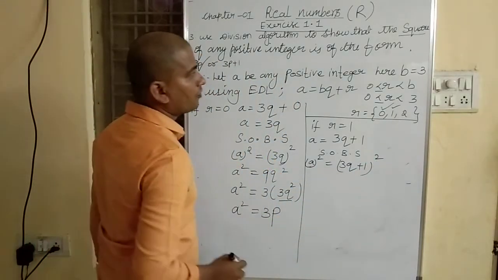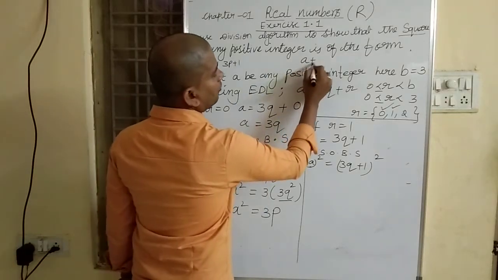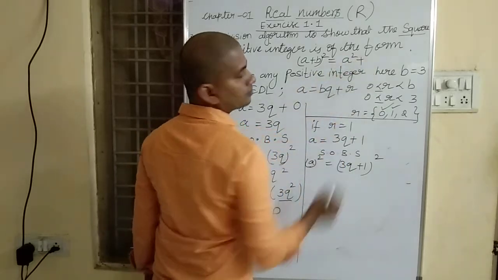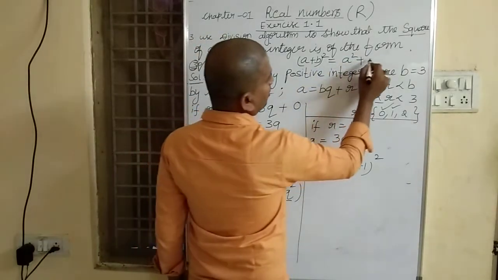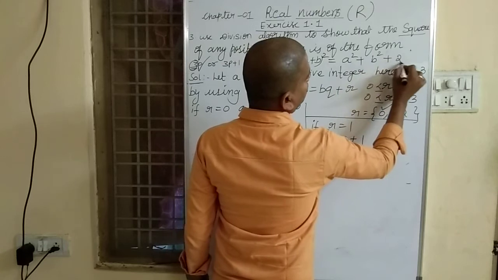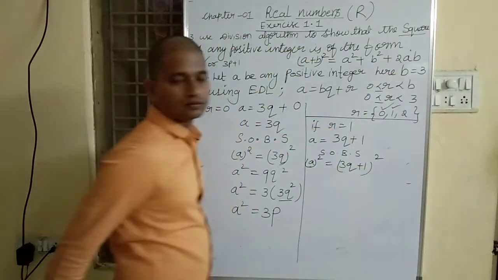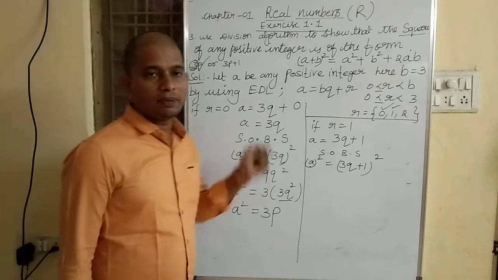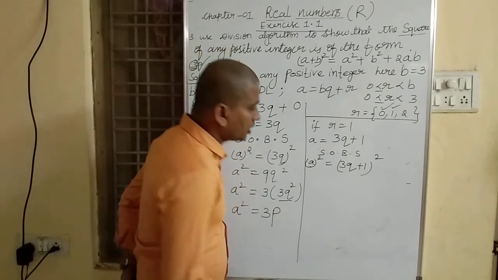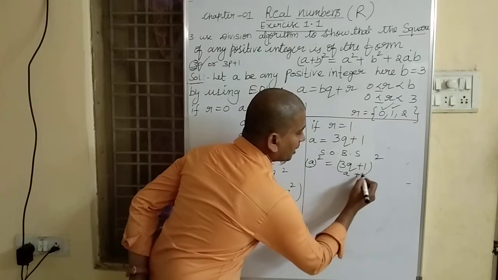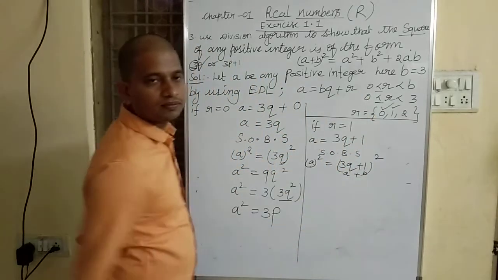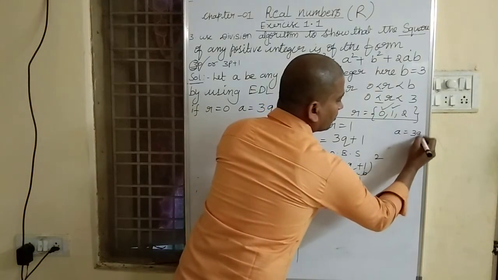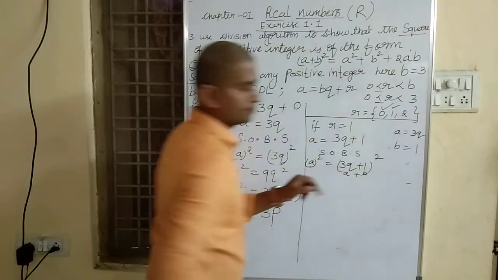Okay. What is the formula of a plus b whole square? The formula of a plus b whole square is a square plus b square plus 2ab. You can see here which is in the form of a plus b whole square. What is the value of a here? The value of a is 3q here and the value of b is 1 here.